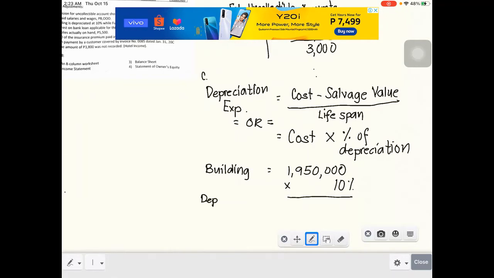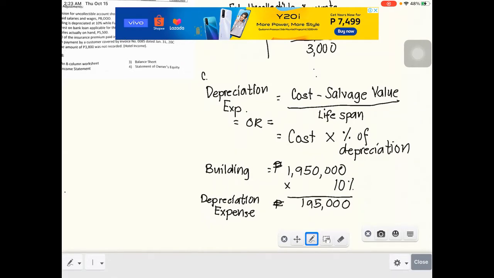So depreciation expense for the building is equal to 195,000. That is for the building.